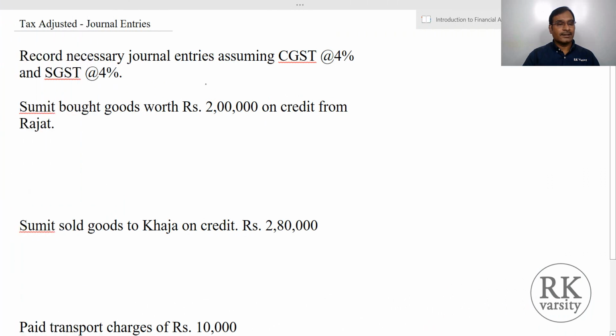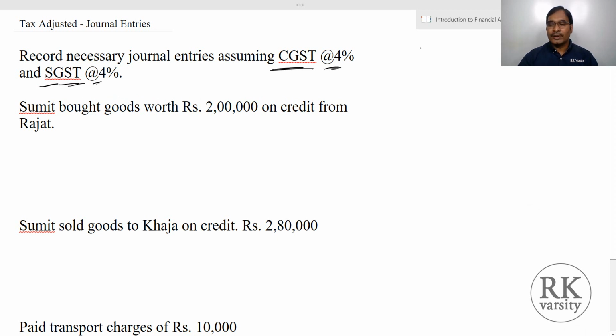Using a few examples in this lecture, I'll show you how to generalize the transactions in the context of CGST and SGST. To write tax adjusted journal entries, we make an assumption that the central goods and services tax is at 4% and state goods and services tax is at 4%.